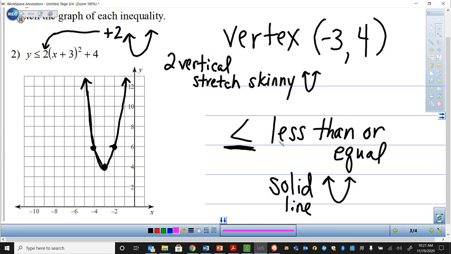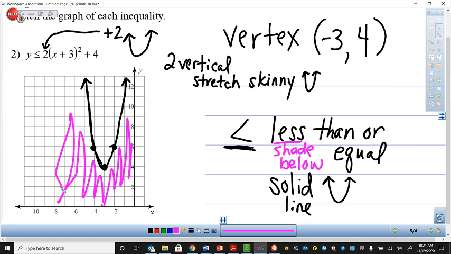Less than, you have to shade below the thing. So less than is shade below. So you want to shade under this thing like this. You just use your pencil and scribble this out here. It's just kind of weird. You just shade it in.